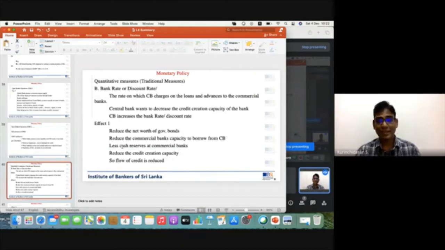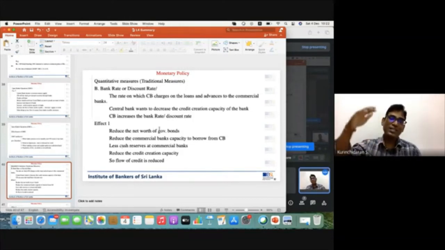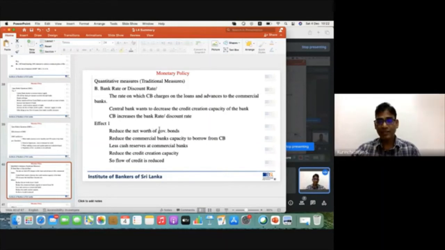So credit creation capacity will go down, and finally the flow of credit would be reduced. So even through the rates, whether the banks lend or not, this can happen, through the bank rate. Conversely, when the central bank decreases the bank rate, the government bonds' net worth will go up, the banks can borrow more, their reserves will increase, and then they can create more credit.